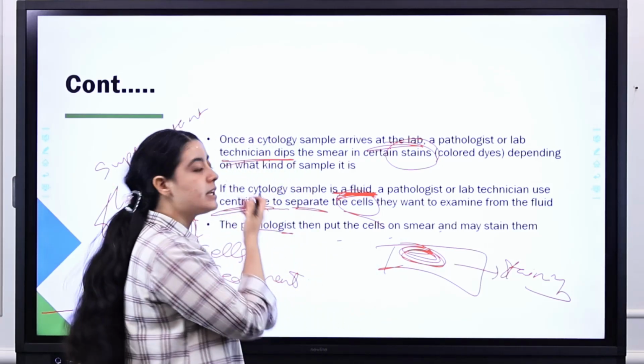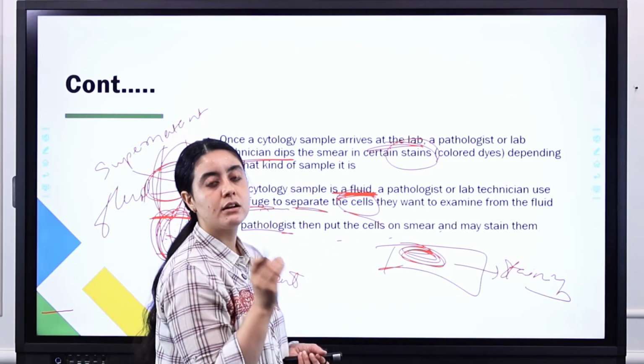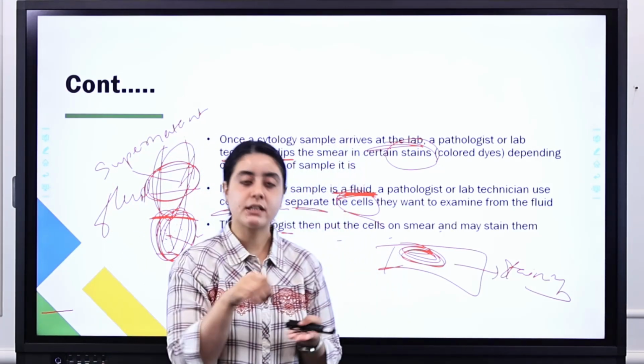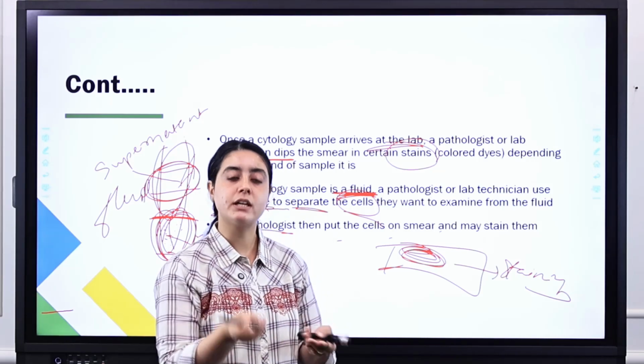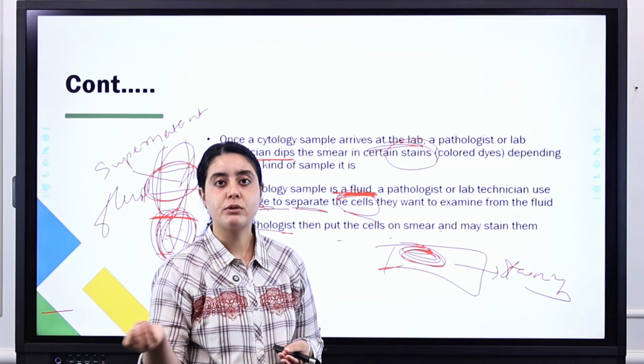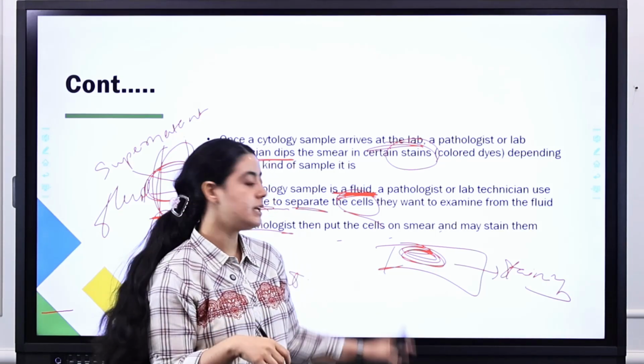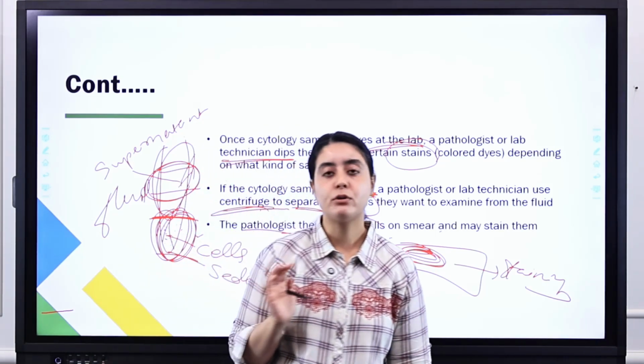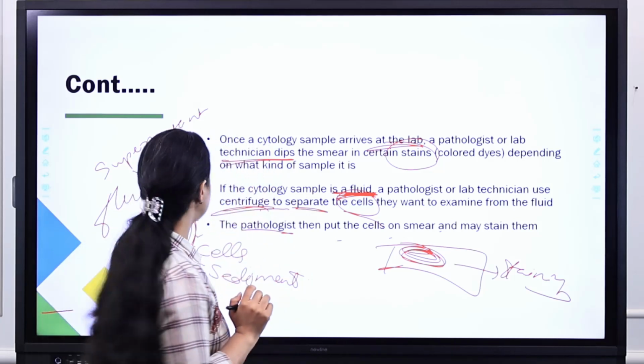So if there is a tissue, your healthcare provider makes the slide and sends it to the pathology lab. If there is a fluid, we have to centrifuge it, collect the cells which we are going to process, and then make a slide like this, and we can perform our staining procedures.